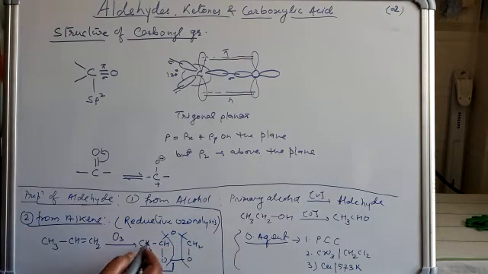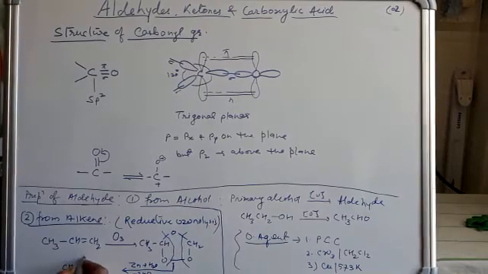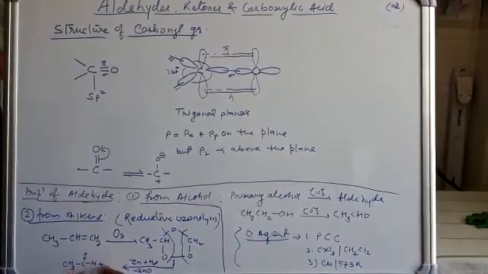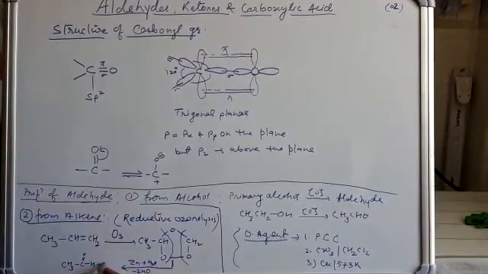So CH3CHO, acetaldehyde, is formed, and CH2O, which means formaldehyde, is formed. So it is one of the methods to form aldehyde from alkene when alkene undergoes reductive ozonolysis.